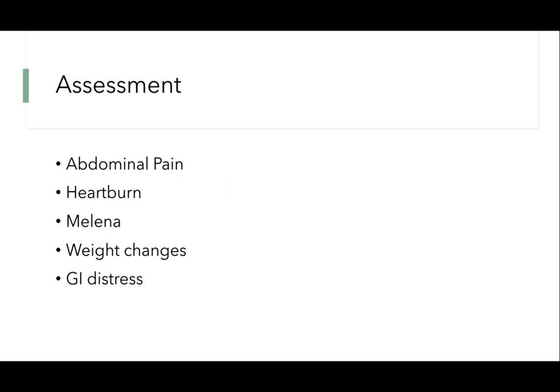So I want to describe melena. Melena is just basically dark, tarry stools. They are also black. So if you notice black stools, that is very, very bad, and that is dangerous, and that's something that needs immediate attention.